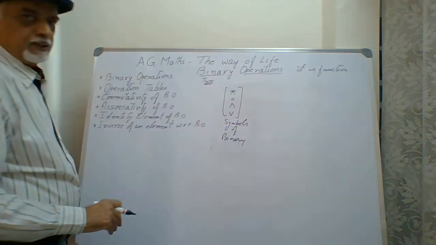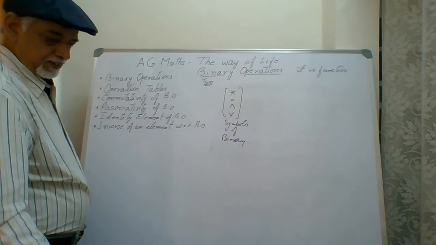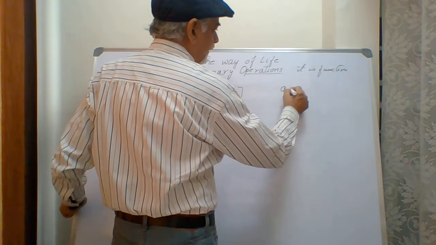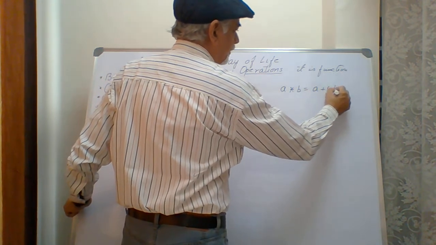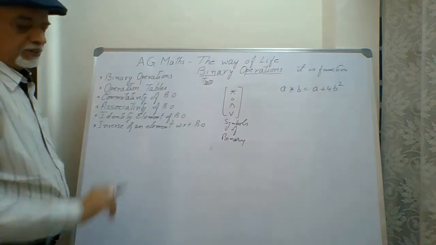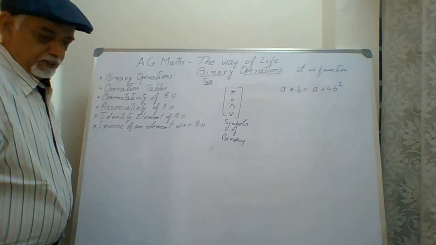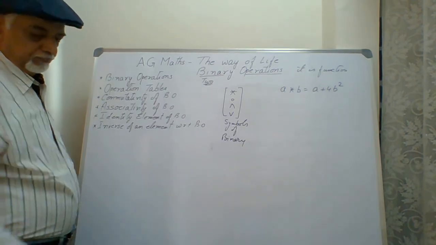I take an example, as I told you, that A binary B is A plus 4B square. This is one problem given, right? So, what type of relation will it be?